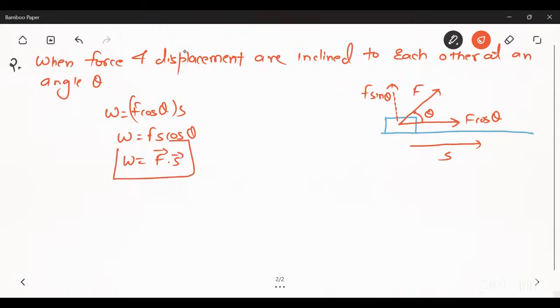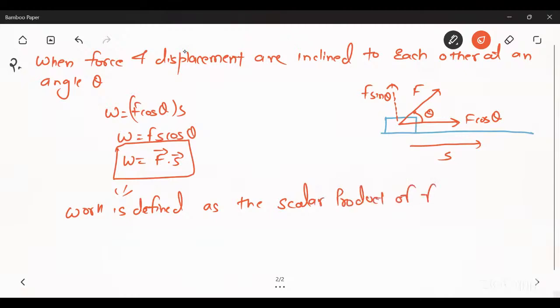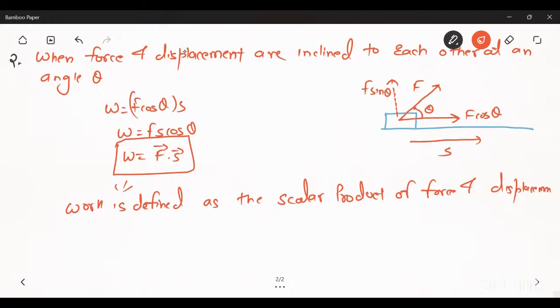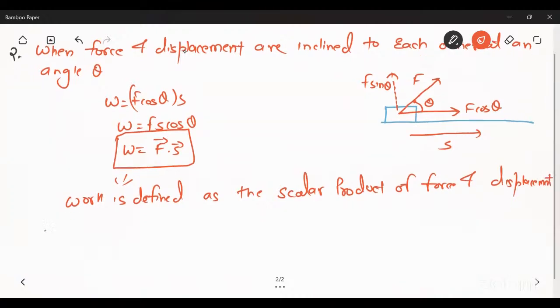Okay. So work is also defined as the scalar product of force and displacement. Now come to its unit. What is the SI unit of work? So the SI unit of work is Newton meter or joule.